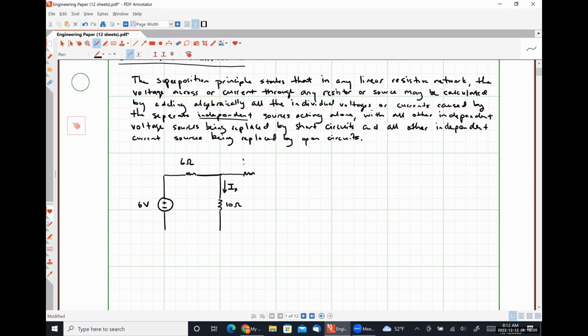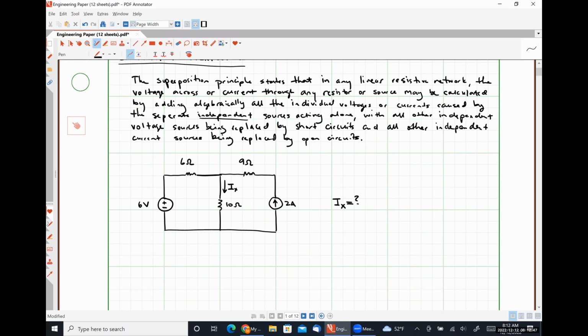Over here, we have a 9-ohm resistor. Here we have a 2-amp source. And our goal here is to figure out what the quantity IX is. I'm just going to put out here to the side, IX is equal to question mark.